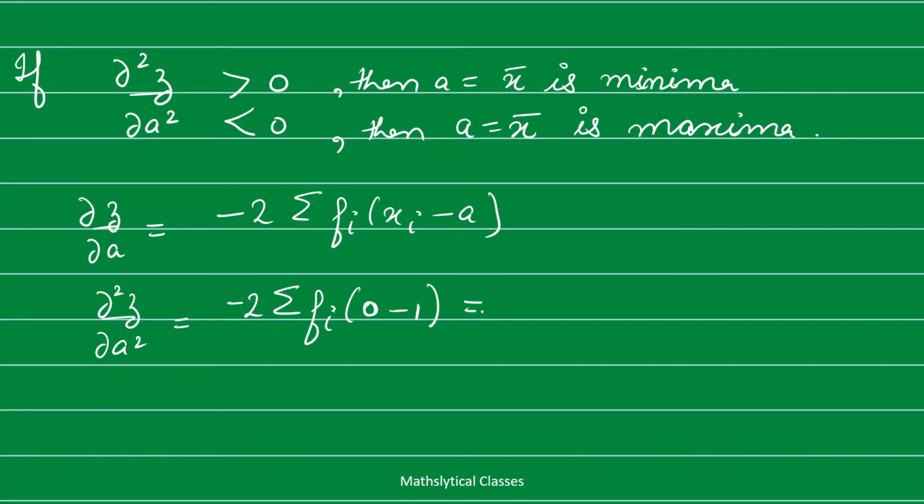So this comes out to be 2 times summation fi. And what is summation fi? Summation fi is capital N, the total number of observations, which is always greater than 0, right?